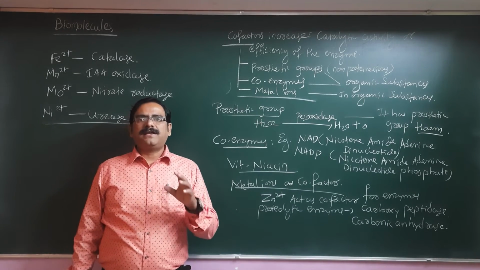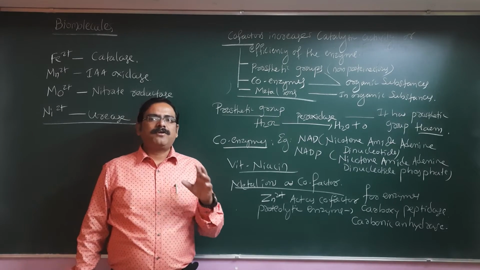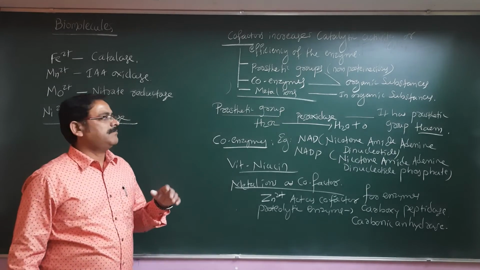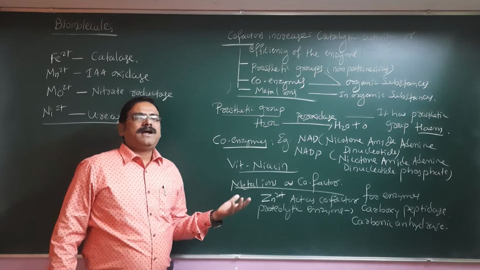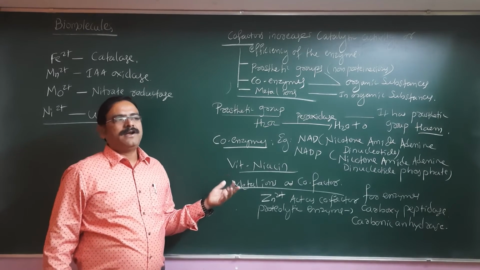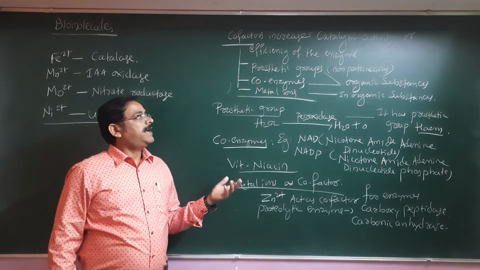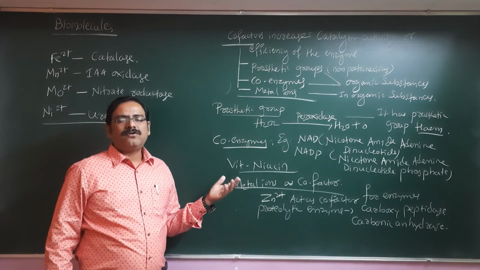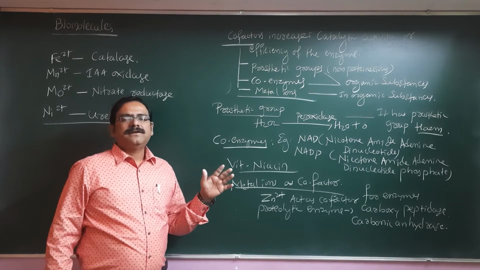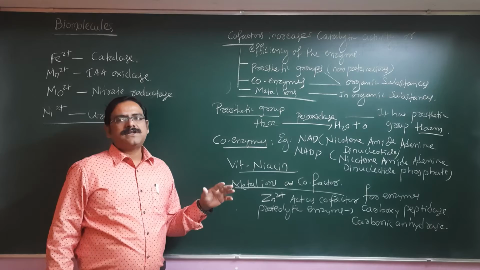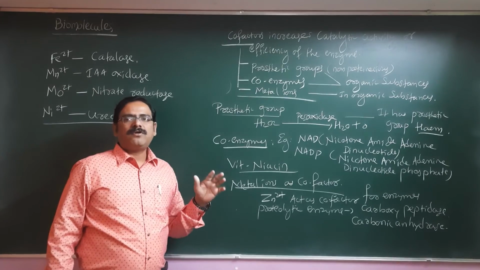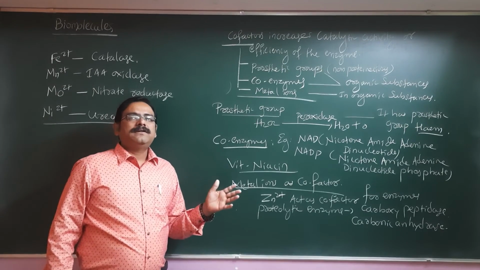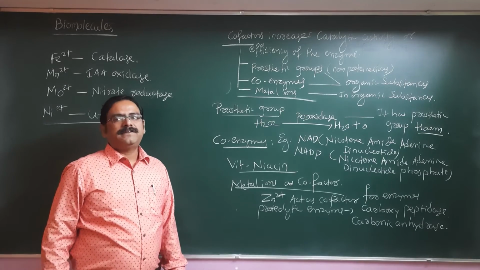The protein part is called the apoenzyme. To the apoenzyme, a coenzyme or a prosthetic group may be attached, and we call them cofactors. Cofactor plus apoenzyme together is called the holoenzyme. Then only will the enzyme be more active and its catalytic efficiency increase.